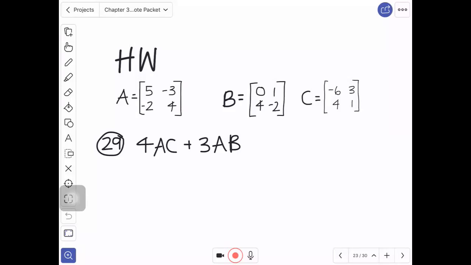And so all they want us to do is take those matrices that they give us above and plug them into our equation there. So first we have A. So we're just going to take that matrix and put it right next to that scalar 4.